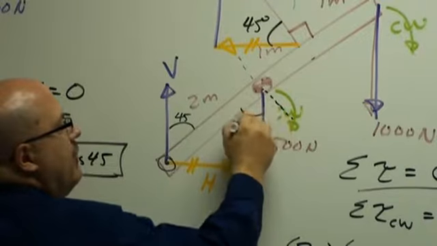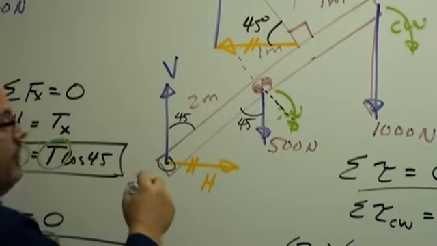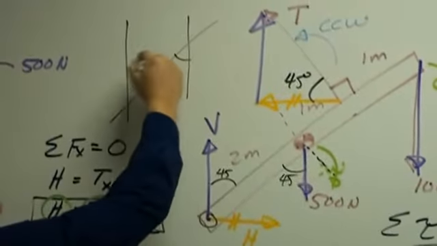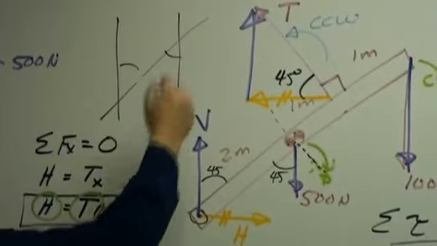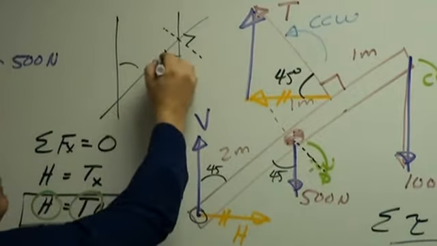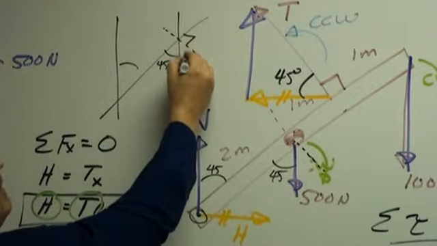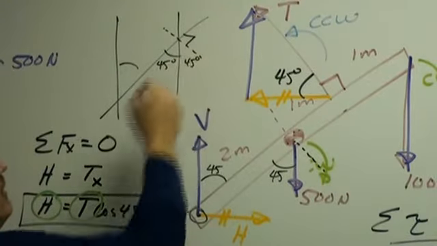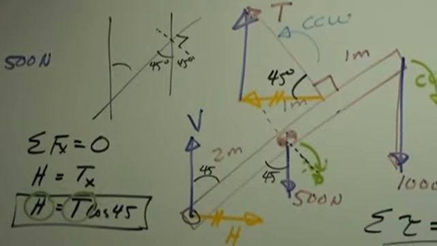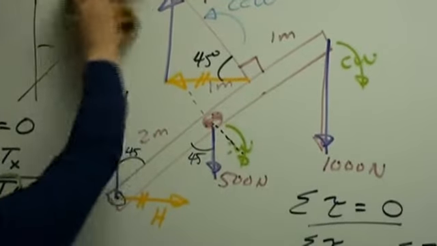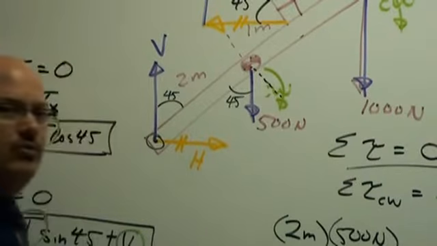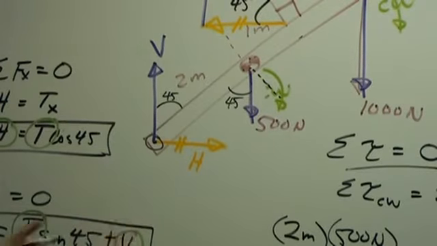Do you see that this angle is 45? Alternate interior angles, because you got a line like this, split like this, so these two are the same. When you draw a perpendicular in here, then if this is 45 and that's 90, that has to be 45 as well. Now your problem has a different angle than 45. So just be careful, okay? It does matter which one you choose because your sine and cosines will be different.